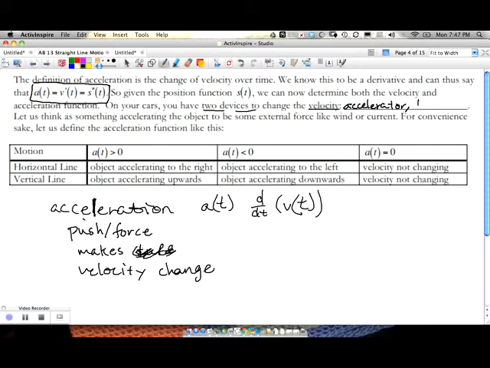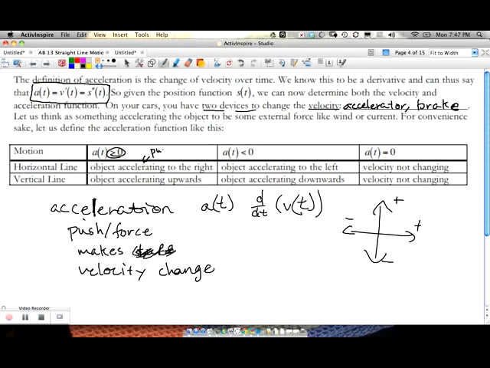Okay, so acceleration positive. So we still have this same thing where we're talking about positive, negative. What you want to be really keeping in mind, though, is that accelerating means it's kind of being pushed. So your push to the right, or your push up, or your push left, or push downwards.